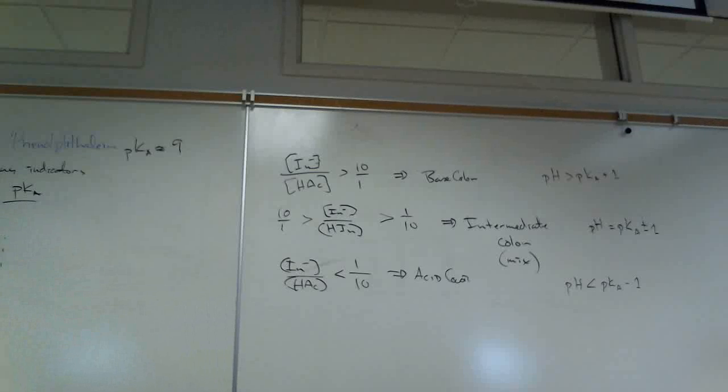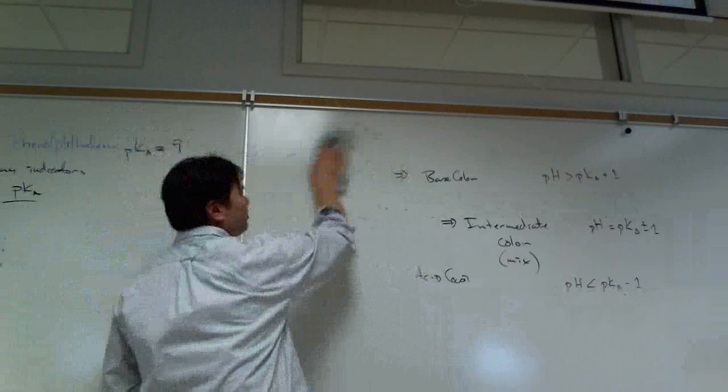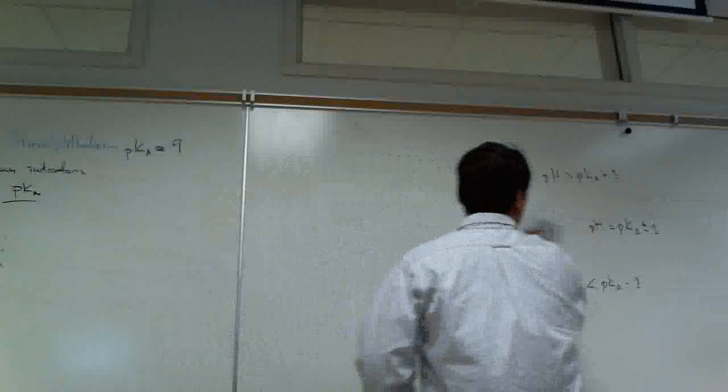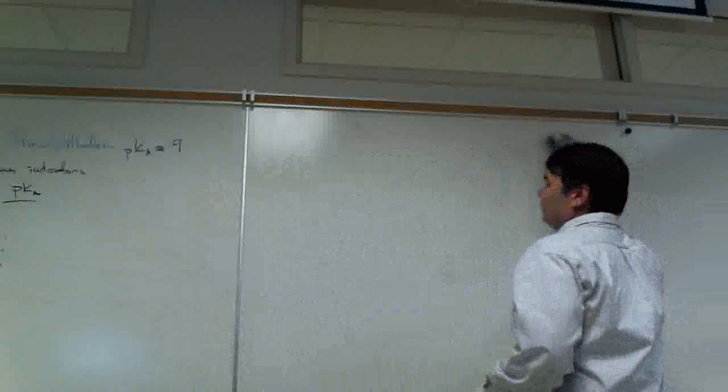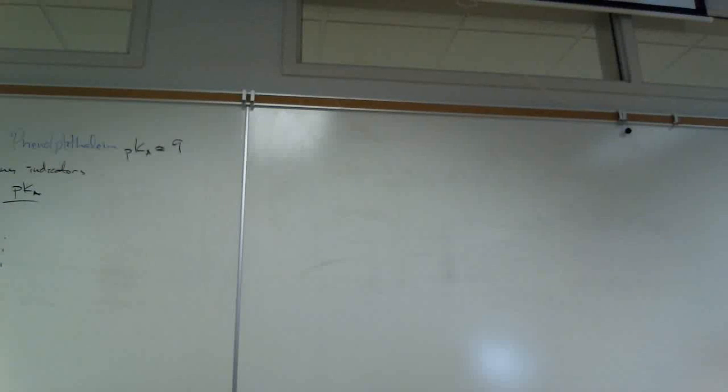All right, one more calculation I wanted to do. That is, when you overshoot with phenolphthalein, really what you want is this. You want to go from colorless to colored within a half a drop, right? In a normal titration.